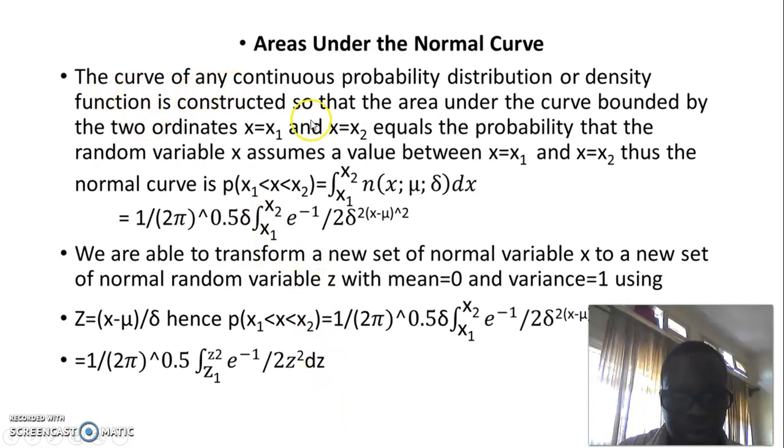The curve of any continuous probability distribution or density function is constructed such that the area under the curve bounded by two coordinates x1 and x2 equals the probability that the random variable assumes a value between x1 and x2.